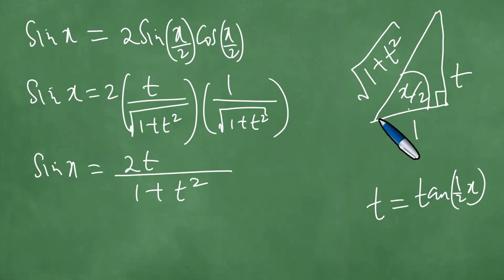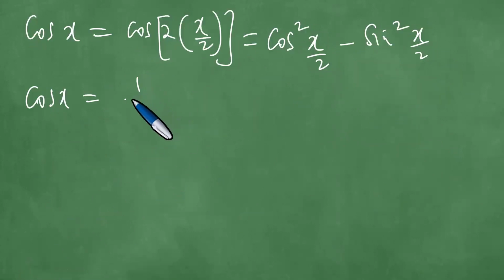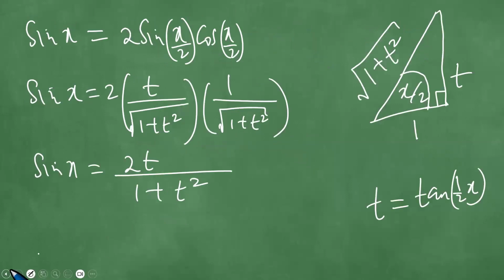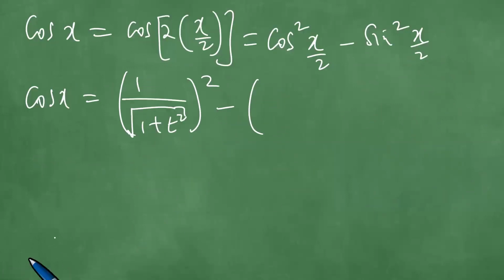What is the cosine of x over 2? It's adjacent over hypotenuse, which is 1 over the square root of 1 plus t squared, squared, minus the sine, which is opposite over hypotenuse, t over the square root of 1 plus t squared, squared.